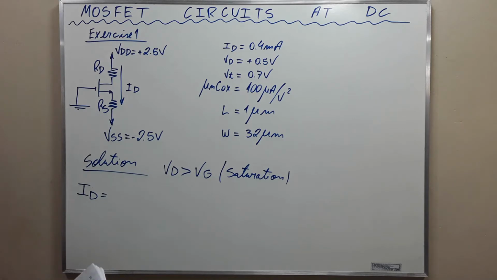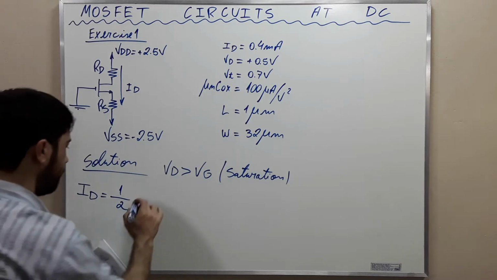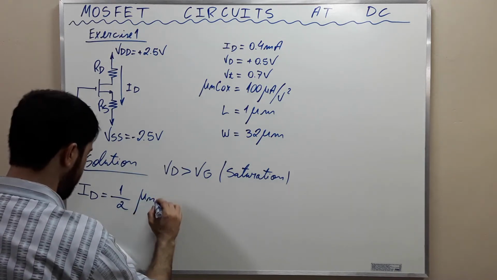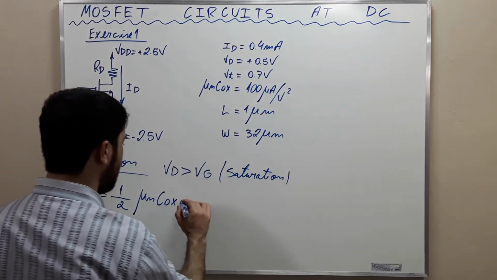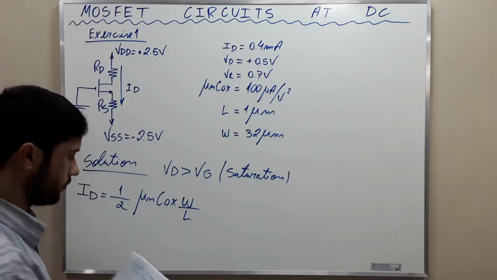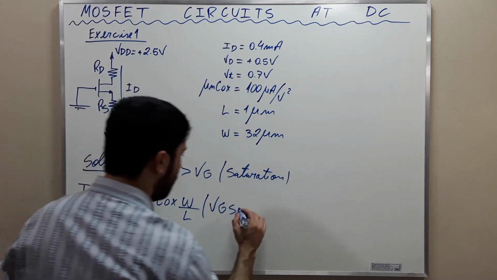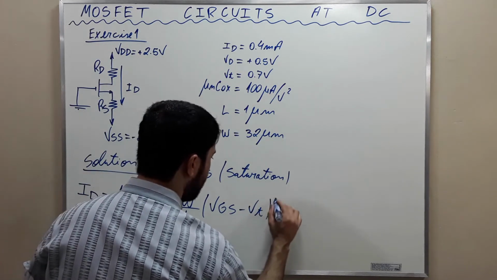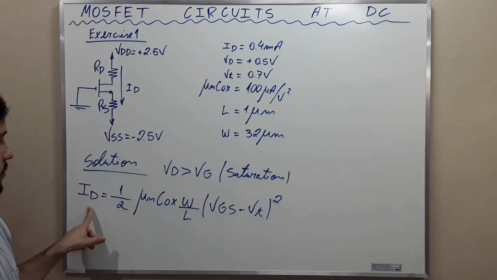ID is equal to a half of μnCox, W divided by L, VGS minus VT squared. This is the expression for the saturation region of operation.